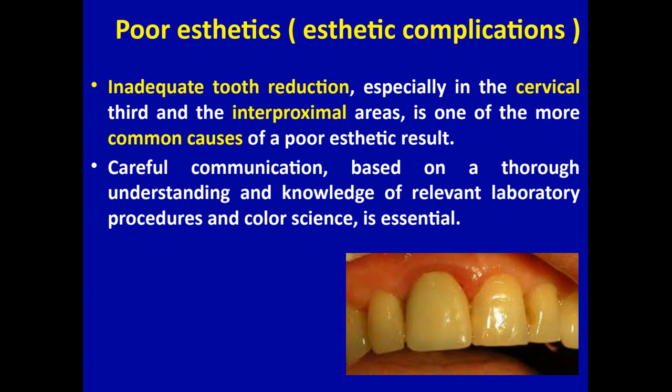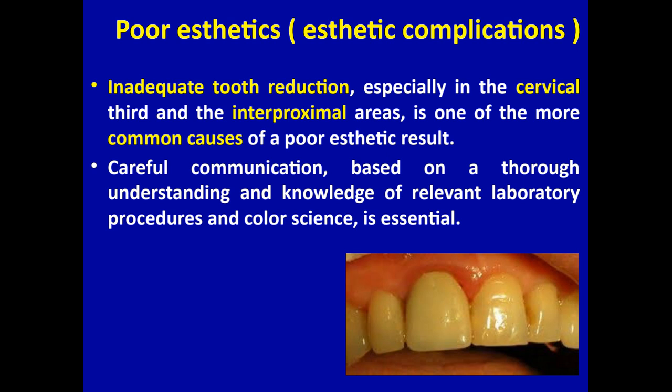A common cause of poor aesthetics of anterior teeth is inadequate tooth preparation, especially in the cervical third and in the interproximal area. This is an example of this case because of inadequate tooth preparation in the cervical third of the labial surface and the interproximal surface.